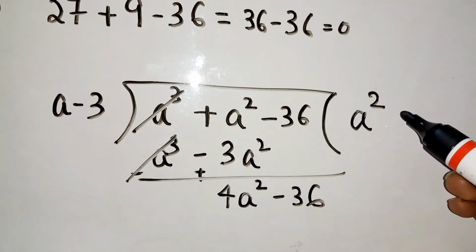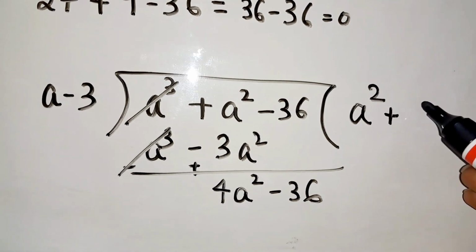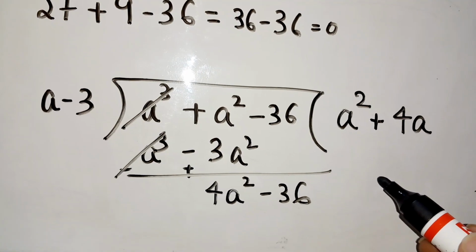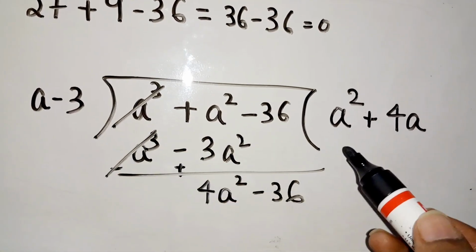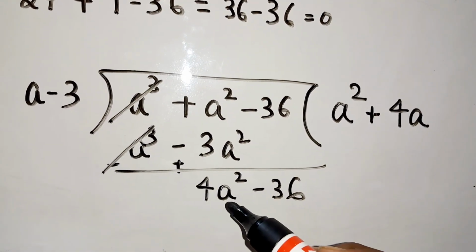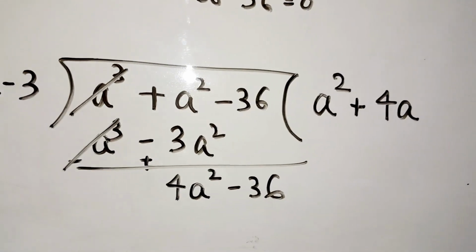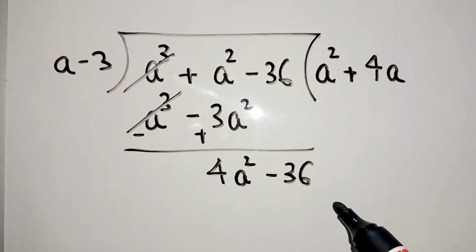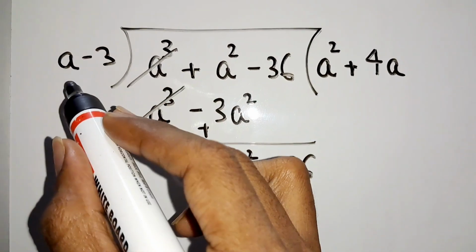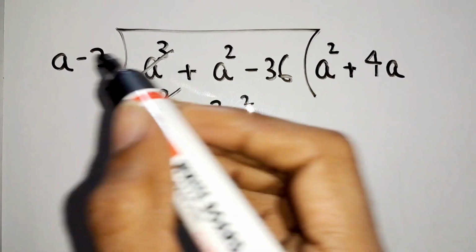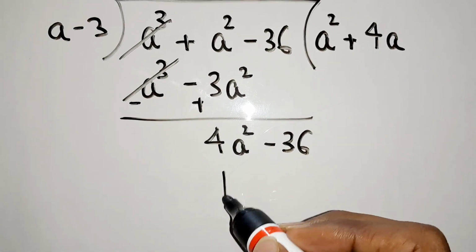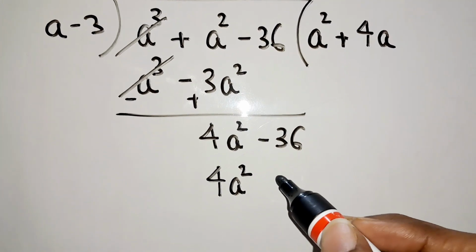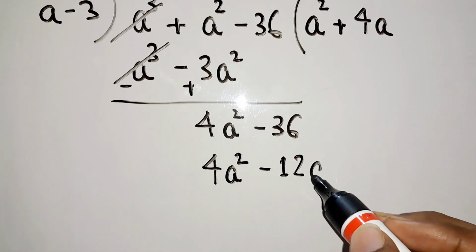And if we take 4a here, a minus 3 into 4a: a into 4a will be 4a square, minus 3 into 4a is minus 12a.